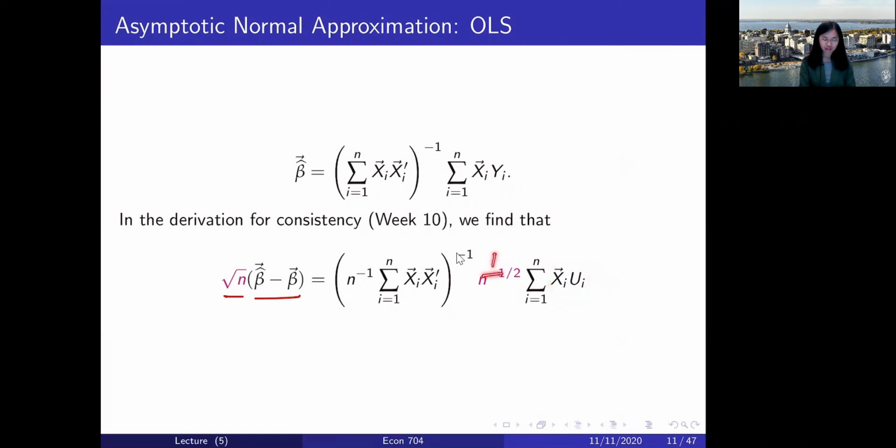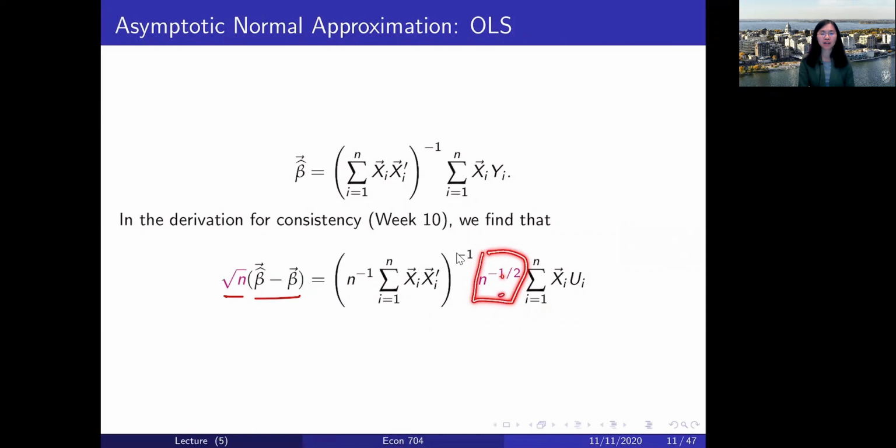Then that's 1 over n times root n, which becomes 1 over square root n. So this is 1 over square root n times the sum of x_i u_i. And this will be something that we apply the central limit theorem on. This is why we want to create a 1 over square root n here.